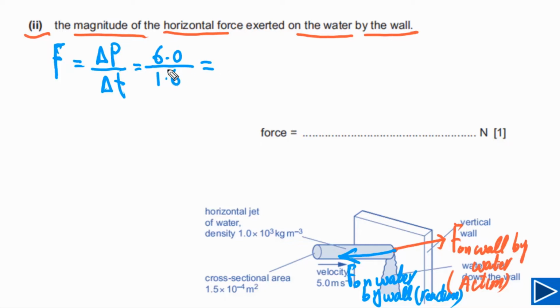It means this momentum change takes place in this period of time. So we can find out the value of force. Simply we need to divide. If we divide this, our final answer will be 3.8 newtons. So this is the force exerted on the water by the wall.